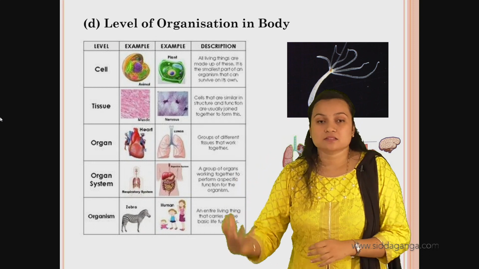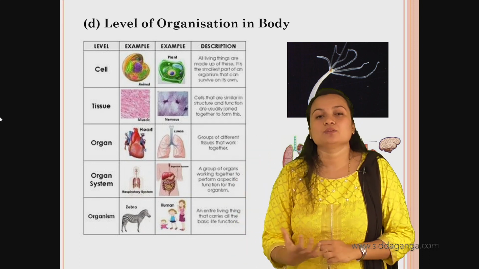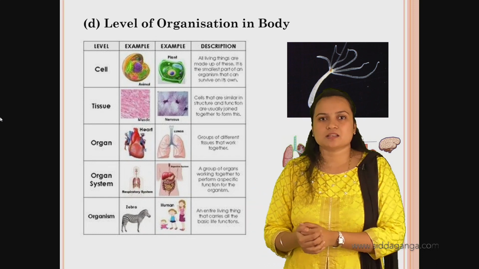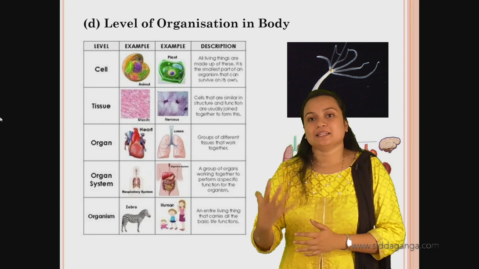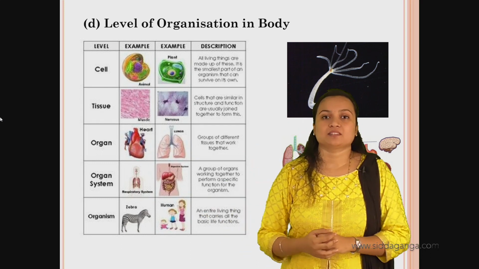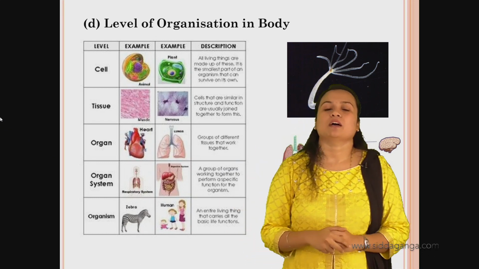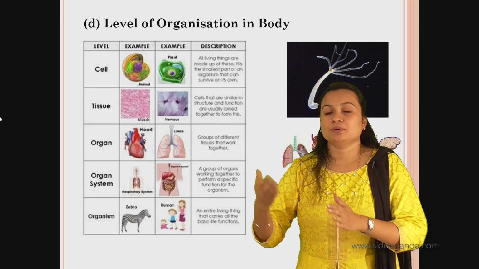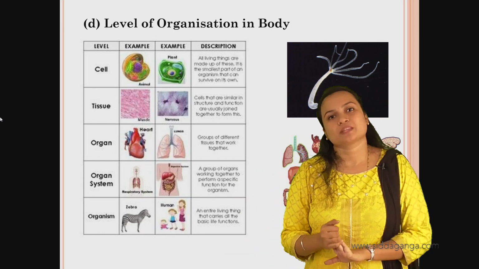There are some fundamental characters, some basic criteria which are used for classification. In the next class let us discuss how classification is related to evolution, the relationship between classification and evolution. Okay, so thank you.